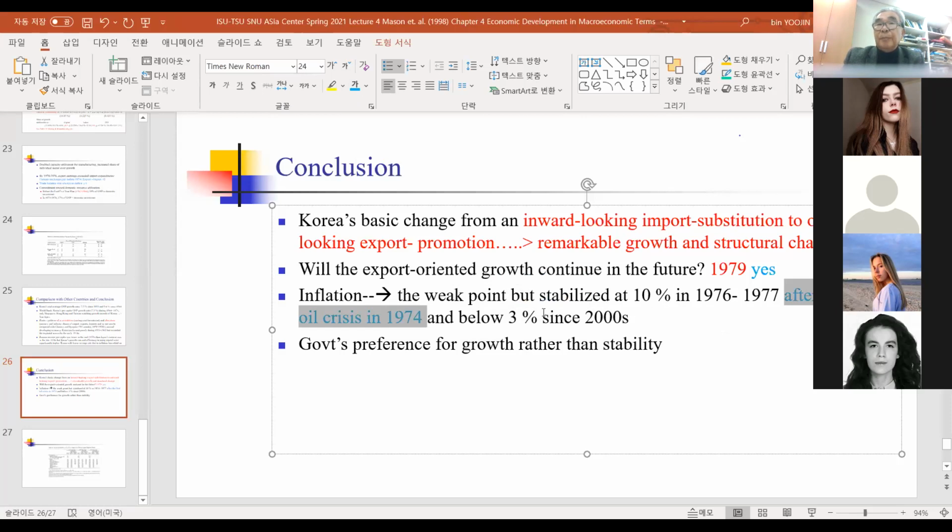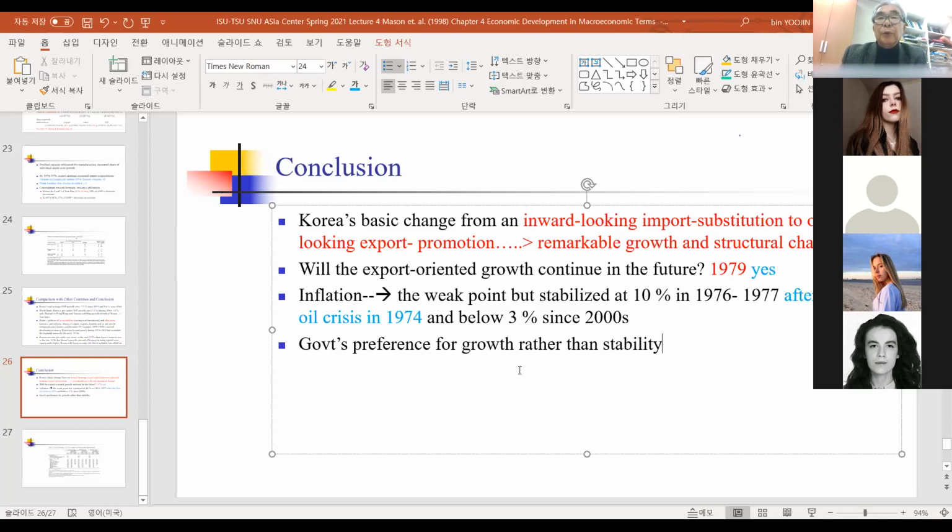Since 2000, it slowed down further, to 3%. The Korean government wanted to have more growth rather than stability, because growth could promote stability to some extent. Growth could be the only means of taking care of welfare benefits, welfare expenditures.